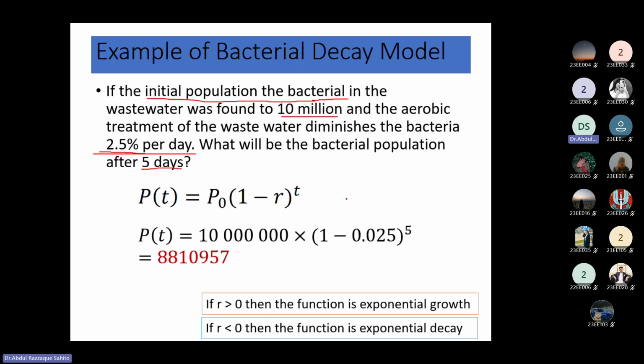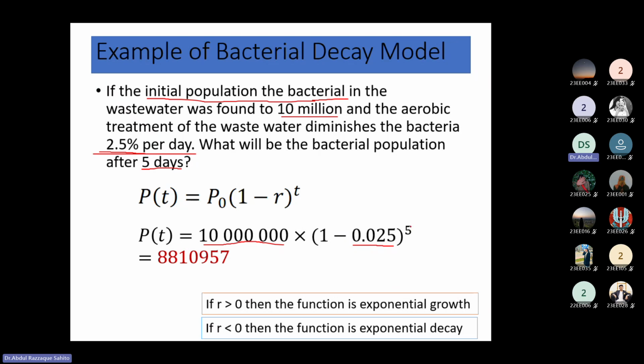So in this numerical, P naught is 10 million, so we have 10 to the power 6. This is the initial population of the bacteria. This is the formula with the negative sign. If we convert the 2.5% into a fraction, we divide 2.5 by 100, so the answer becomes 0.025. 1 minus 0.025 will be lower than 1.